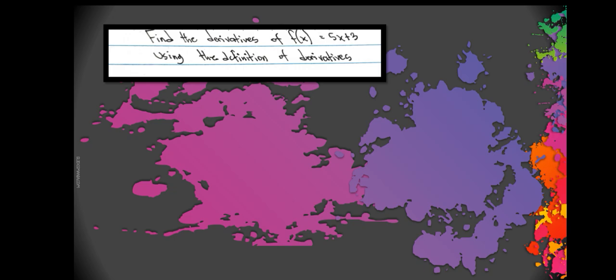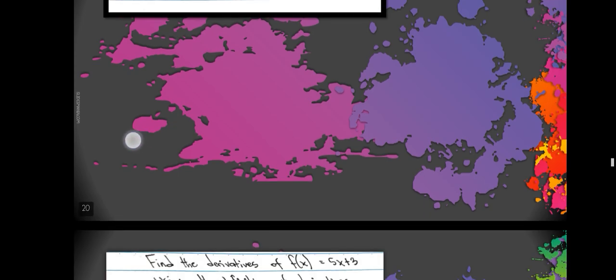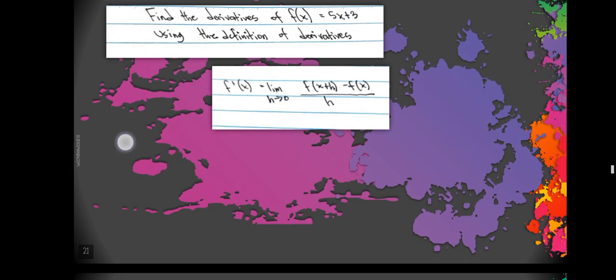So, yung definition of the derivative is f prime of x is equal to the limit of f of x plus h minus f of x all over h as h approaches 0. Now, ang una nating gagawin is to define kung ano yung ating f of x plus h at yung f of x base sa given problem.